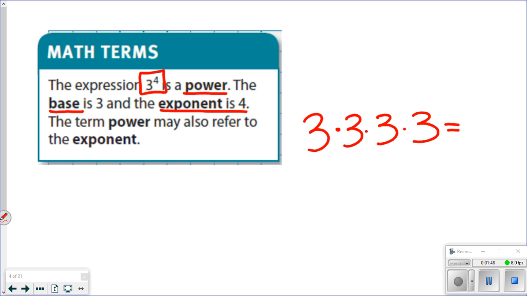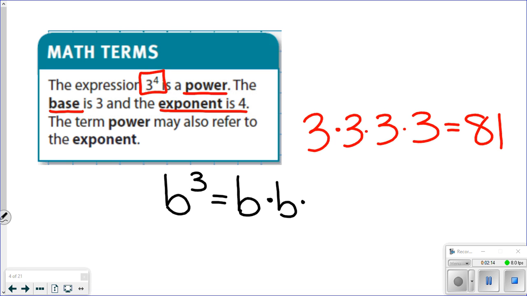Which, if you plug that in, 3 to the 4th power, or 3 times 3 times 3 times 3, is 81. Okay, so if I had b to the 3rd power, or b cubed, that means b multiplied by itself 3 times. All right?